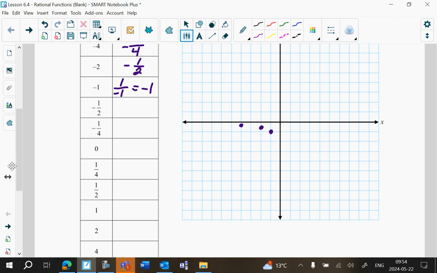What's 1 divided by negative a half? How do we divide fractions again? Change it to multiplication and do what? Flip the second fraction. So this is the same as 1 times negative 2 over 1, which will work out to negative 2. So if I go negative a half, then I go negative 2. It takes on a curve shape. You can see.